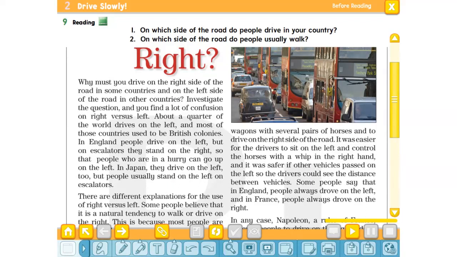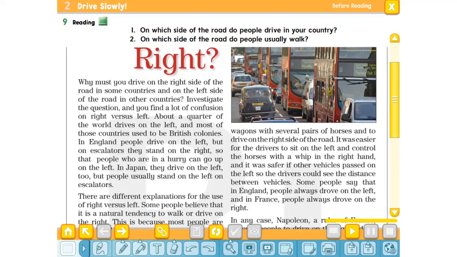Why must you drive on the right side of the road in some countries and on the left side of the road in other countries? Investigate the question and you find a lot of confusion on the right versus left. About a quarter of the world drives on the left, and most of those countries used to be British colonies.